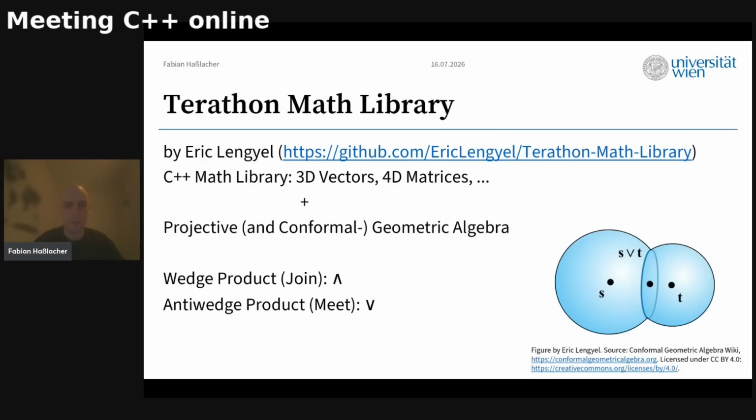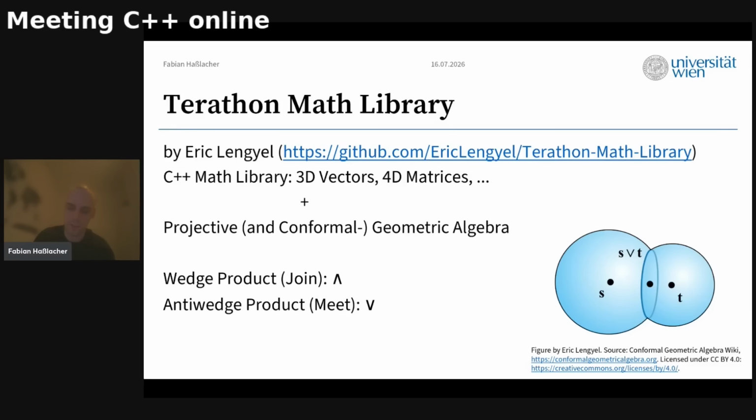Just quickly, the math library I used for this is the Terathon Math Library. It's by Eric Lengyel. This is based on a geometric algebra model, which he developed, not only him, but plenty of other people. And he did a library on this model, and this was interesting for my project.